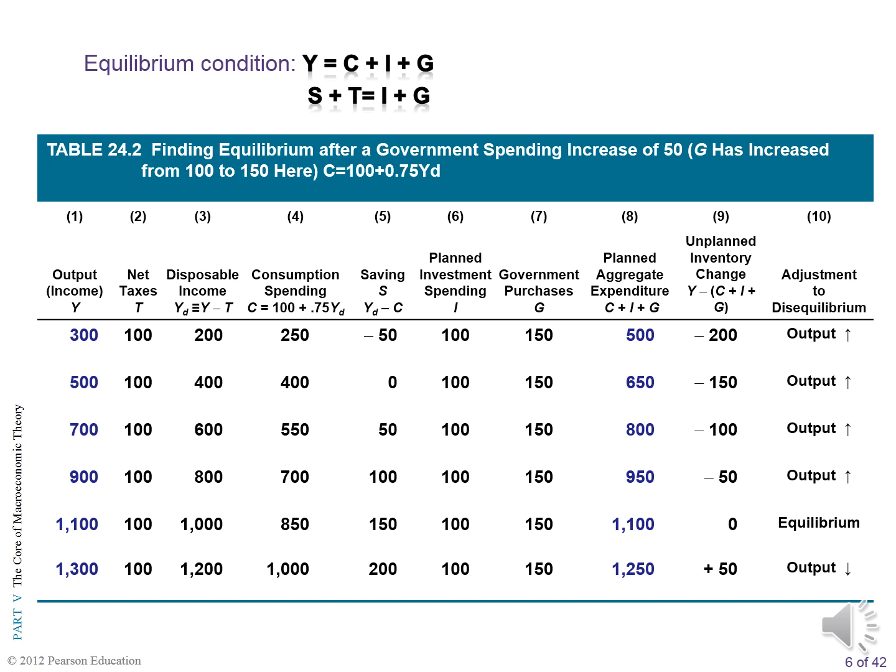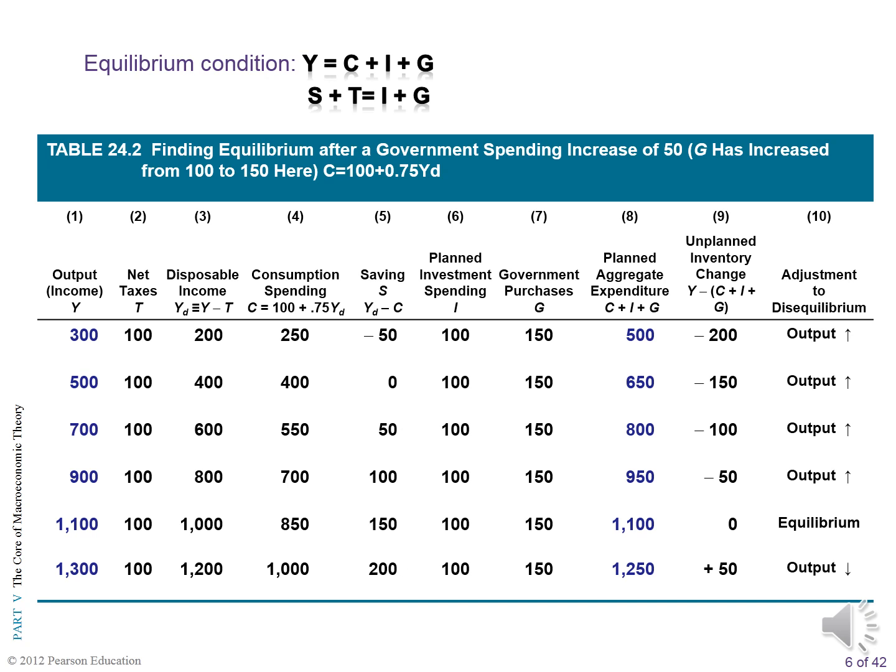G, government spending, in this economy we also assume is constant, autonomous and exogenous, not related to income. Here we agreed that it increases from 100 to 150.